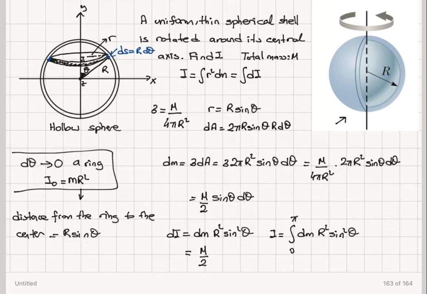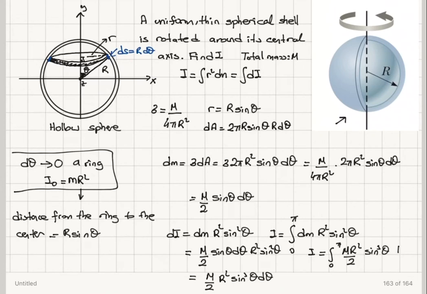It is m over 2 sine theta d theta r square sine square theta. So this will be m over 2 r square sine cube theta d theta. Okay, so if I substitute that into this integral, it's the integral from 0 to pi mr squared over 2 sine cube theta d theta. So the question is, what is the integral of sine cube theta?